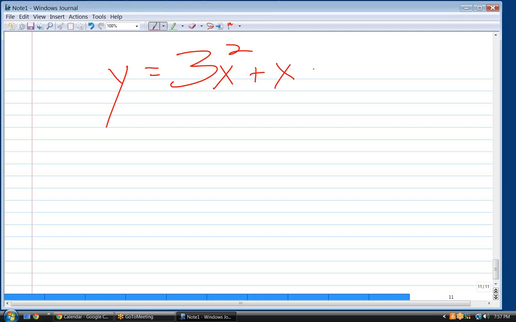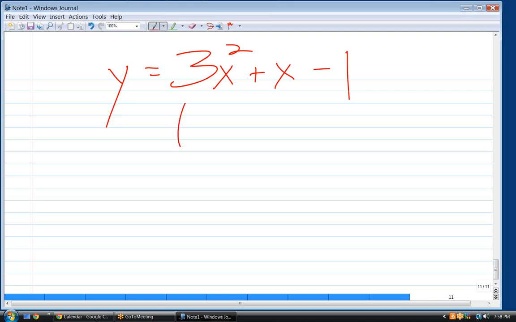Do you know how to do this one? Is this something you might have to know how to do? I think so. I know I've done ones like 3x plus x over x minus 1 and tried to find the inverse of it.